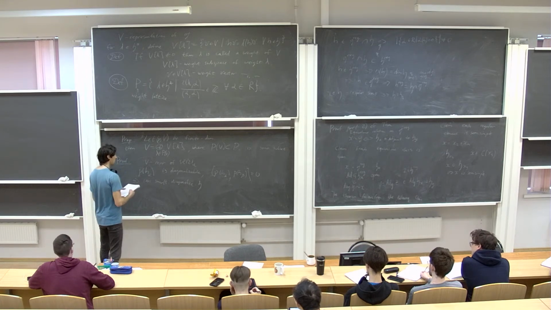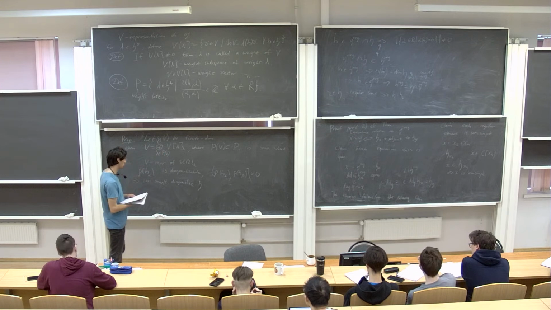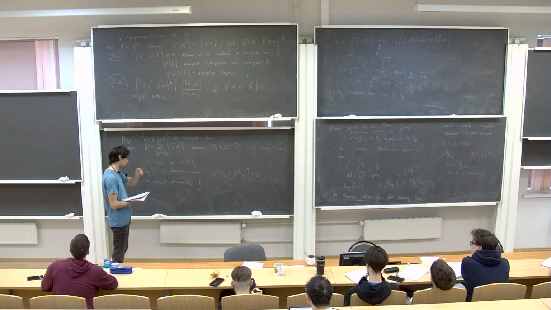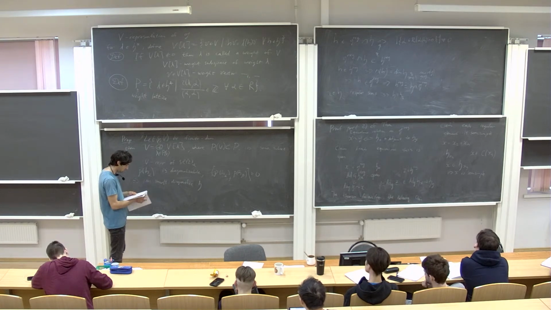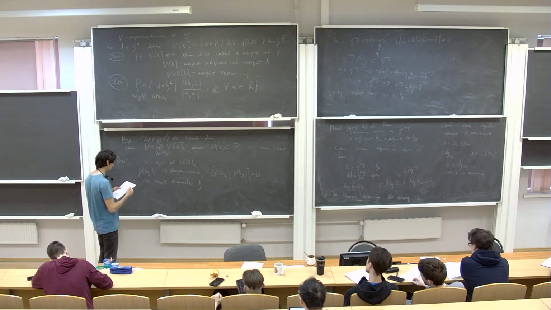What we need now is that P of V is inside P. So we have some set P of V, and now we would like to see that it is inside P. To see that, again, we use SL2 alpha.